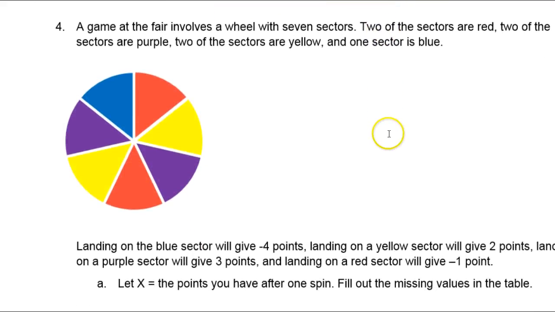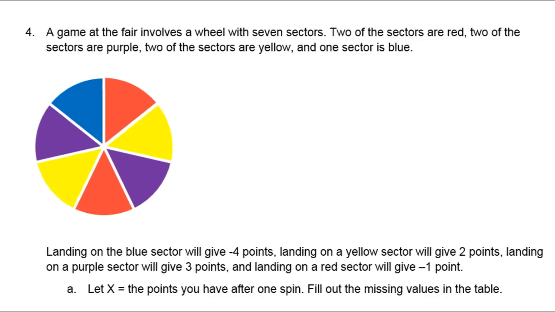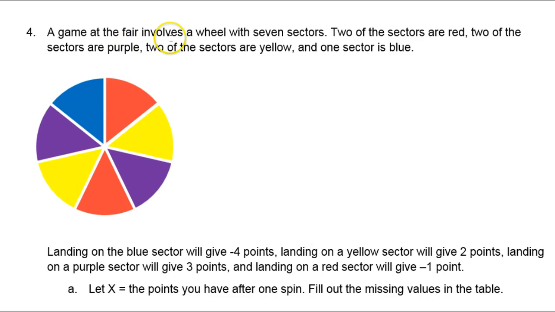All right, I think there are 2 more questions in this performance task. Number 4. A game at the fair involves a wheel with 7 sectors. 2 of the sectors are red, 2 of the sectors are purple, 2 of the sectors are yellow, and 1 sector is blue.